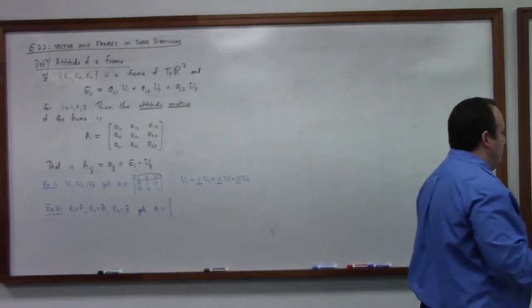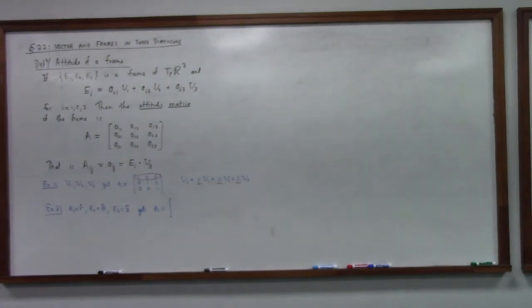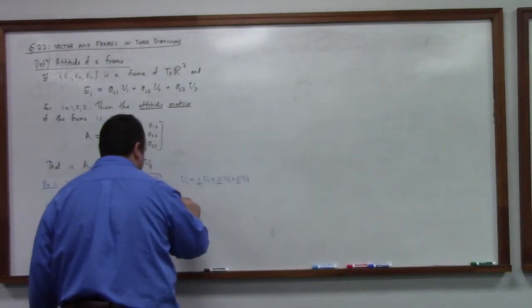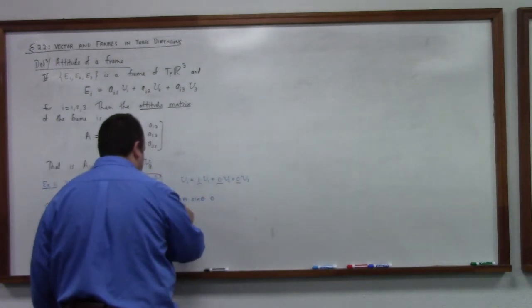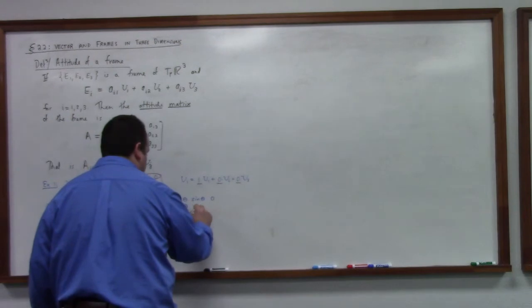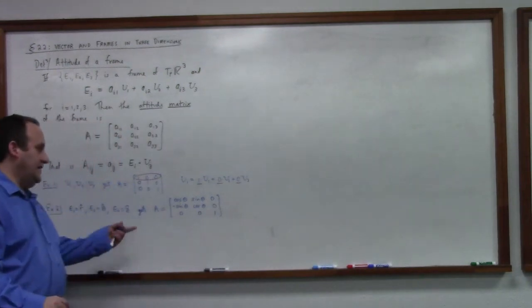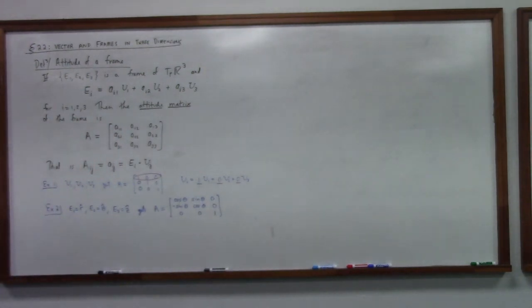For E1, the first row of my attitude matrix, I've got cosine theta, sine theta, 0. The second one, I've got minus sine theta, cosine theta, 0. For the third one, I've got 0, 0, 1. There you go. That's the attitude matrix for the cylindrical frame.